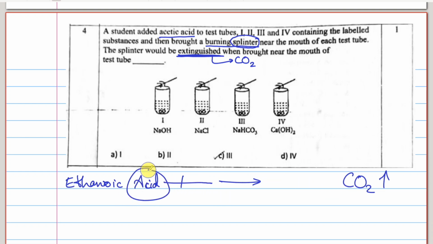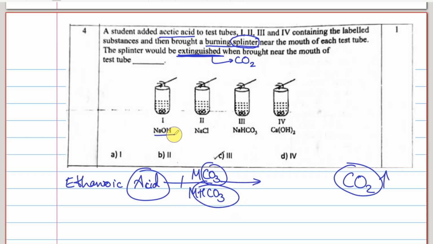That is because it is an acid. Ethanoic acid can react with base or metal carbonates, right? Metal carbonates and metal hydrogen carbonates. Because we need carbon dioxide gas to be released, it will be reacting with metal carbonates or metal hydrogen carbonates. So we'll just try to identify the option which has either carbonates or metal hydrogen carbonates.